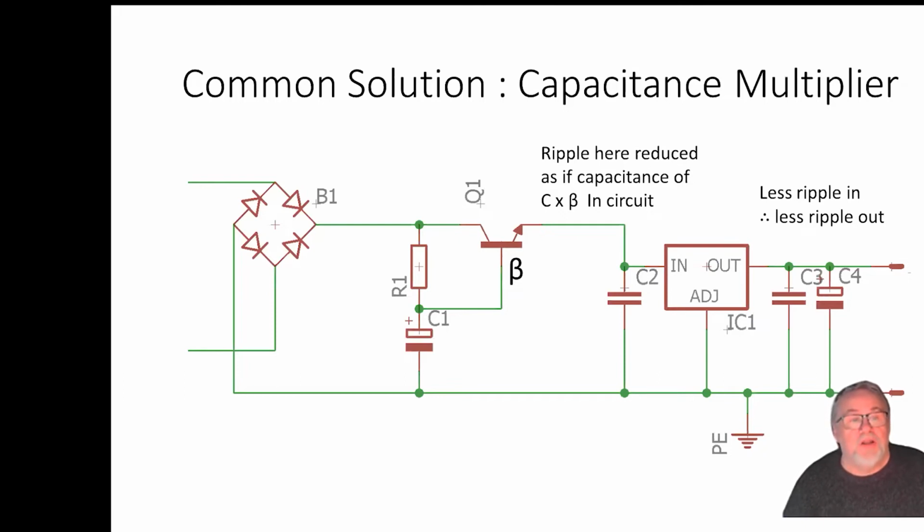The inrush current still sees a 100 microfarad capacitor, but the smoothing circuit, the rectification, sees a 10,000 microfarad capacitor. So I get the best of both worlds. And because it's a much less ripply input to my regulator, I get much less ripple out of the output.